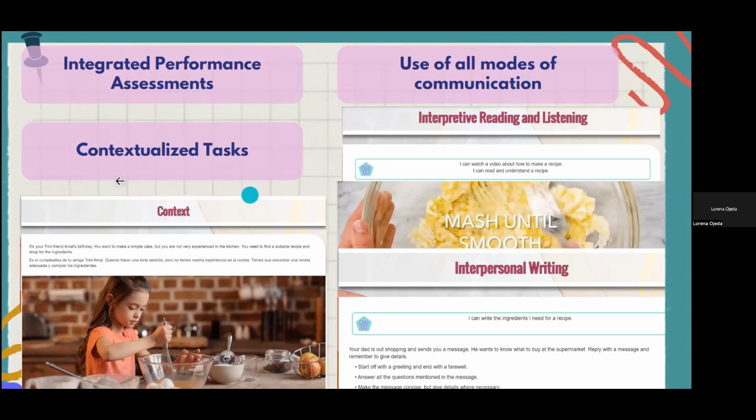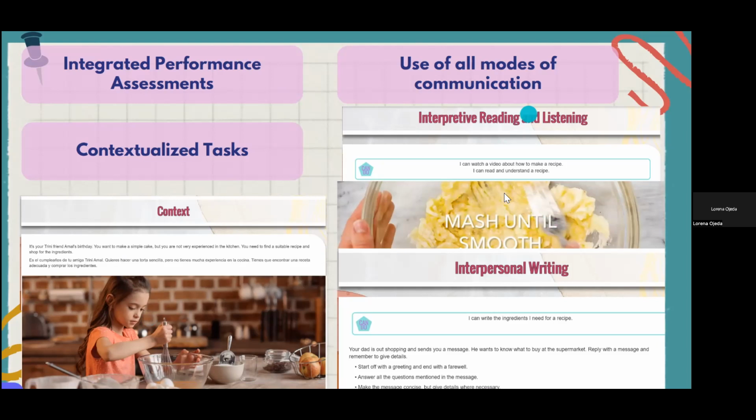but first of all, students have a context. So for example, right here, the goal is to prepare students to be in real life scenarios. So the context here is that this girl has her friend's birthday and she has to make a cake for her friend. So then she has to watch a video in which they teach how to make the recipe.